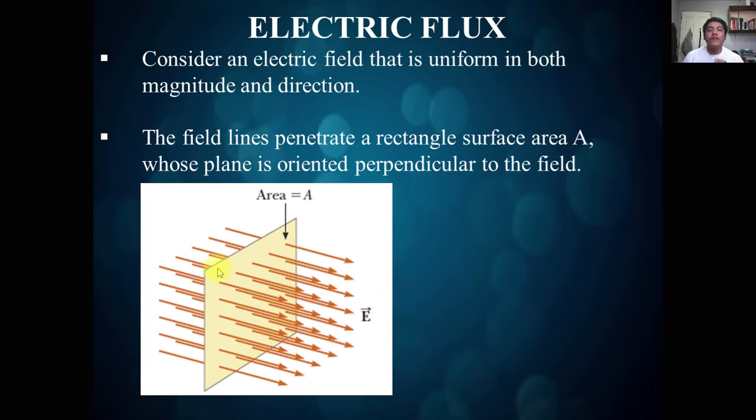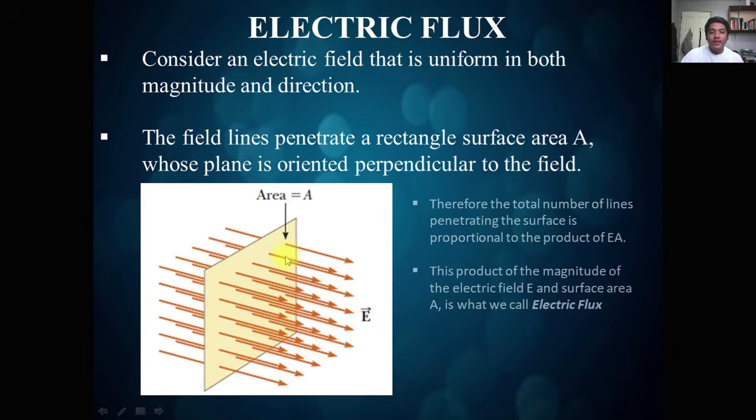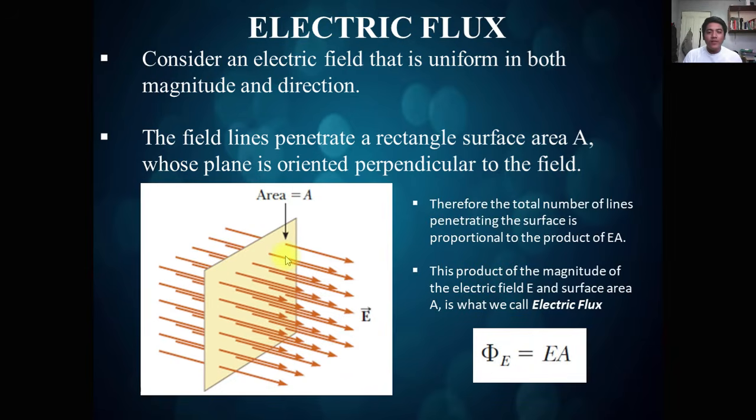And electric flux is represented by the Greek letter phi, with a subscript E to denote that this is electric flux, because there is also what we call the magnetic flux, and it is different from electric flux.